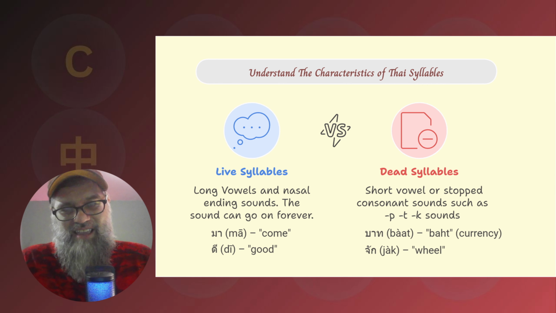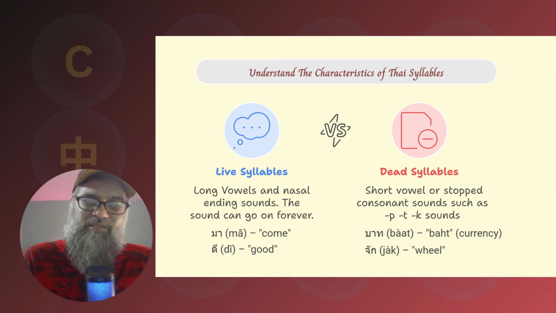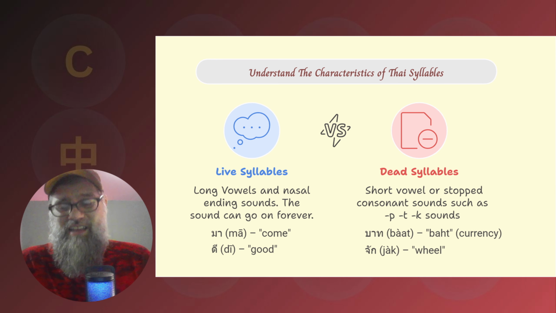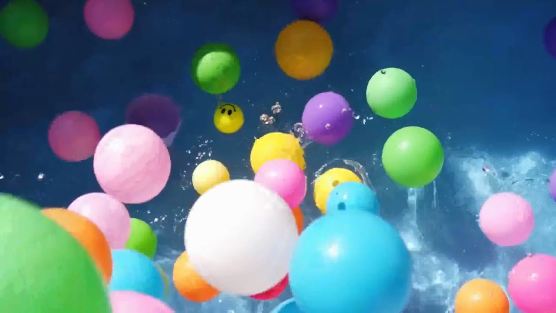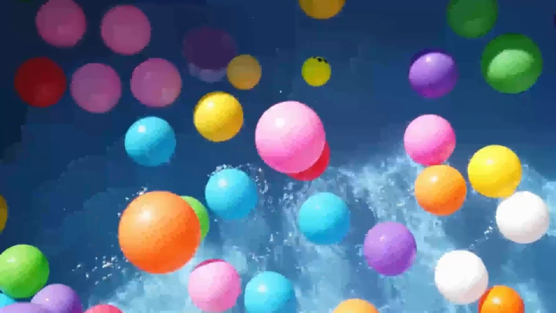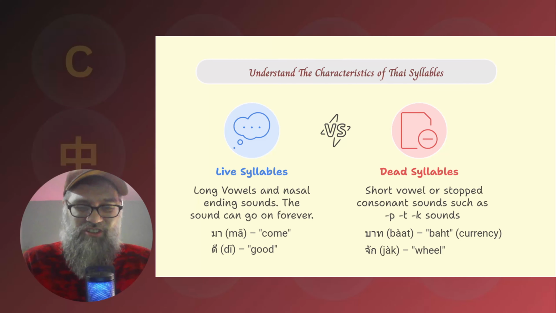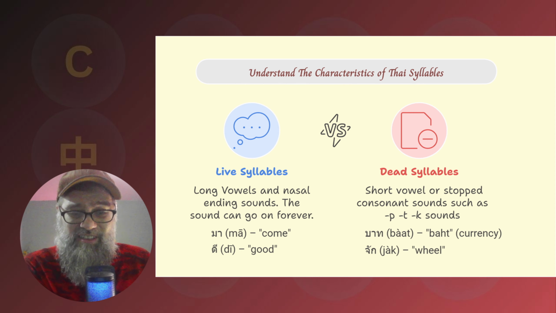Yeah, you can have a long vowel and it can still have a dead ending, like the P, T, K, which again kills the sound. And if you're learning Arabic, you also have to pay attention. Unlike in these other languages, the sound is very bouncy and maybe even a bit more bouncy than in English or your other European languages. So these are little details that make a huge difference that will help you to improve your language skills if you pay attention to them.